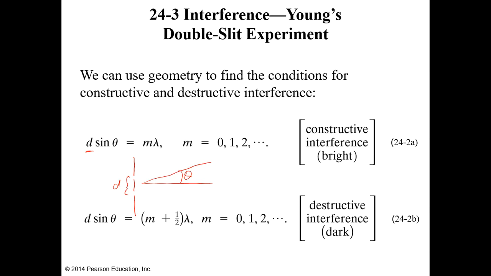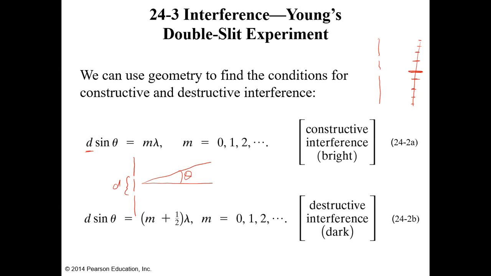Now here's what we mean by the m number. Let me draw it up here. So you get light that passes through these two double slits. You end up with a bright fringe and then a series of fringes on either side.